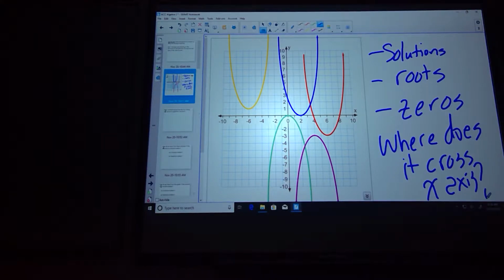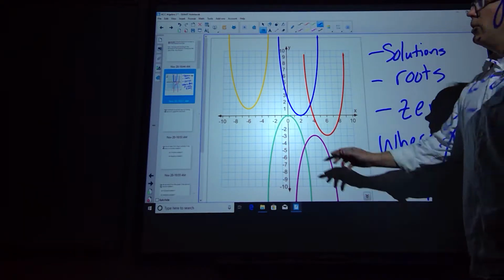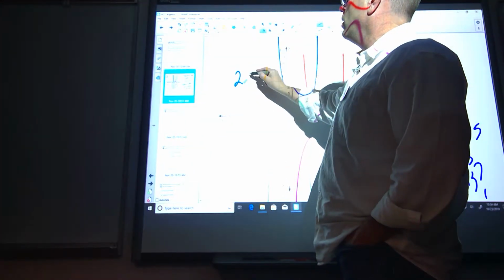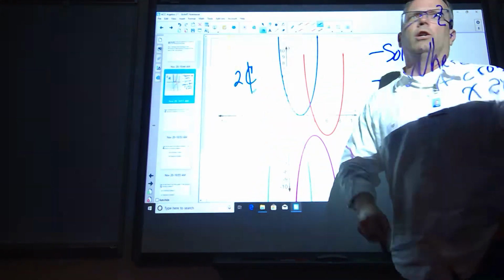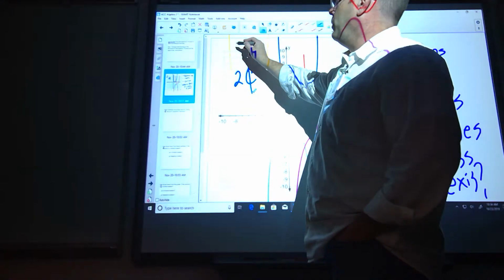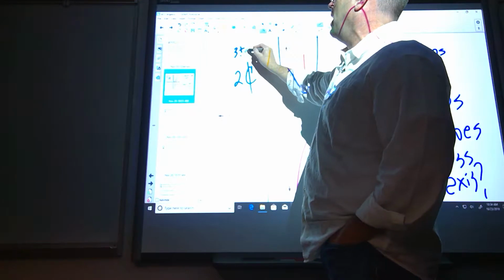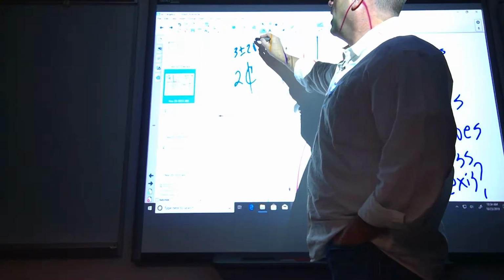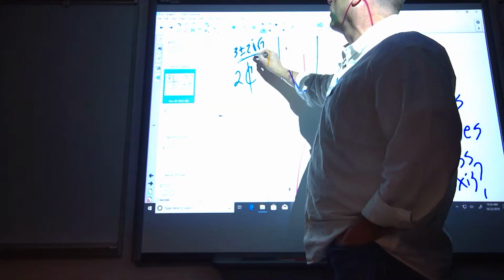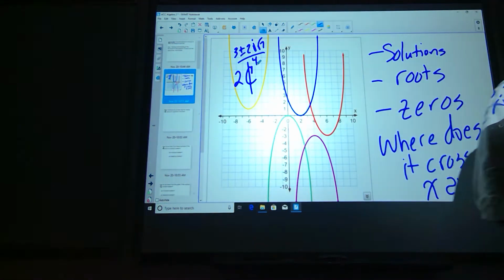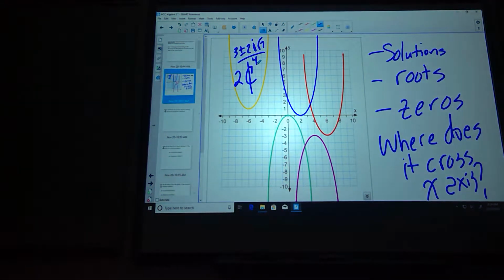So does everyone agree that that yellow line does not cross the x-axis? Is anyone like, I think it does? So this would have 2 complex solutions, which means I would have an answer of 3 plus or minus 2i root 7 over 4, something like that. You would have i as part of your answer.